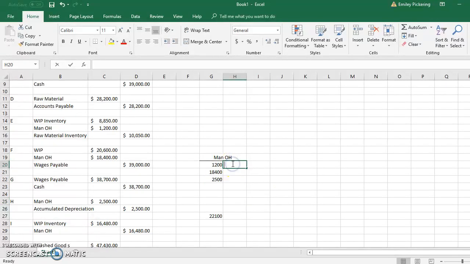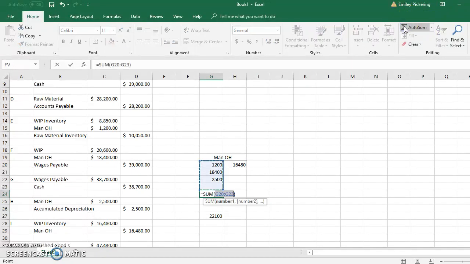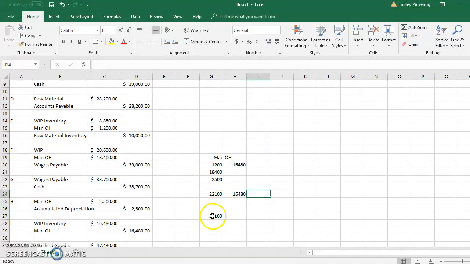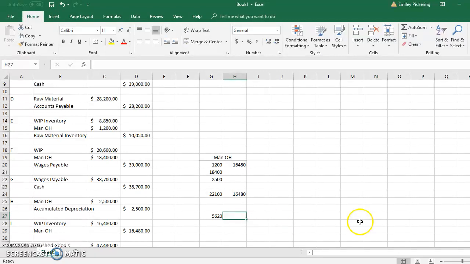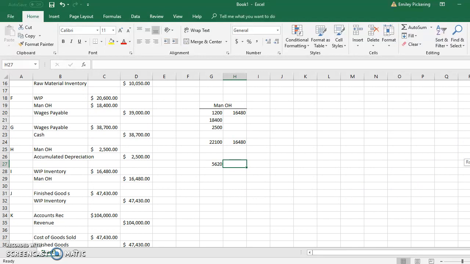So I'm going to do 16,480 here. So let's go ahead and add up the totals. Okay, so I am off by the difference. So I'm off by 56.20. So I underestimated. My actual expenses are $5,620 more than what I had estimated.